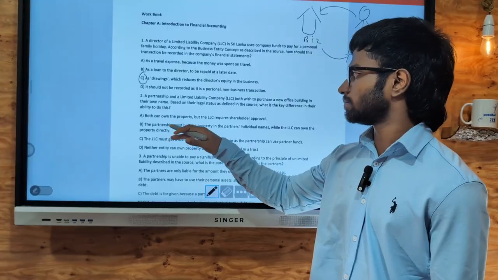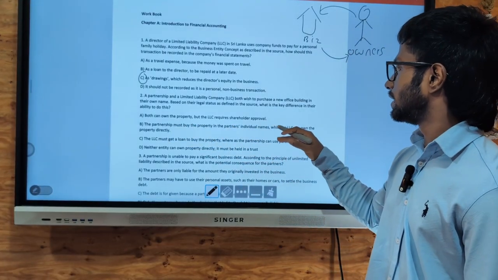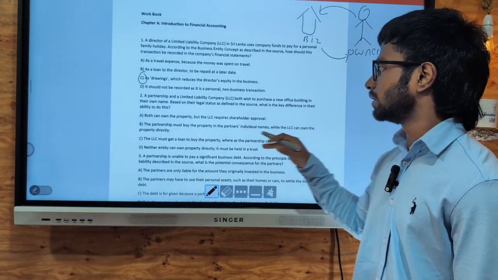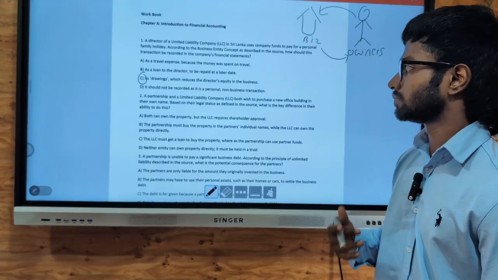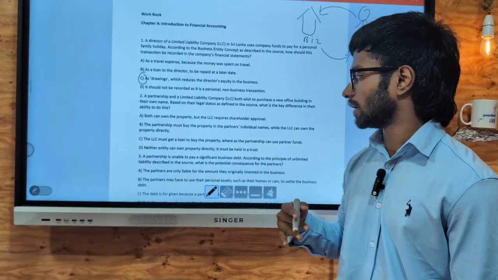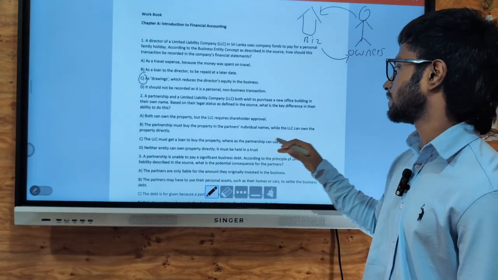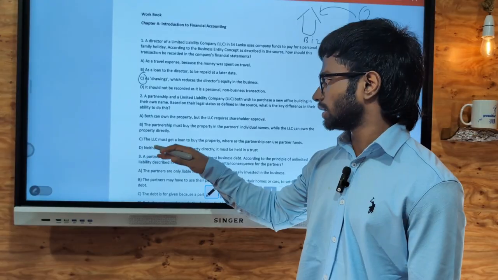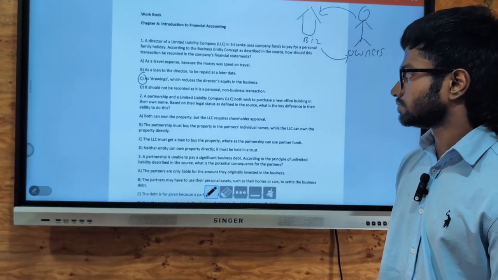Next, we have the partnership must buy the property in partners' individual names, while the limited liability company can own the property directly. Yeah, we'll keep that also, and we'll check the other answers that we have. Other answers, the LLC must get a loan to buy the property, where the partnership can use partner funds. And also, neither entity can own property directly, it must be held in a trust.